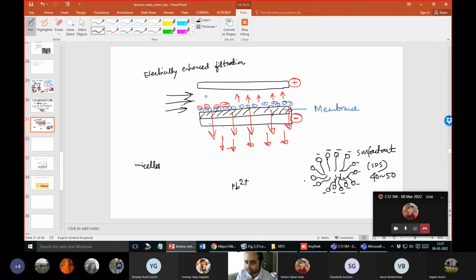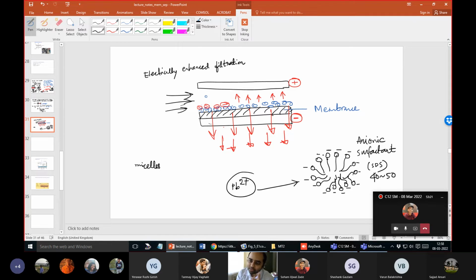The sodium part immediately dissociates in water, and the dodecyl sulfate, where sulfate is a negative group, makes the entire head region negative. So the micelle is highly charged in a negative way, its surface is negative. The lead is positive, so it will get immediately attracted and attached to the micelle, right?